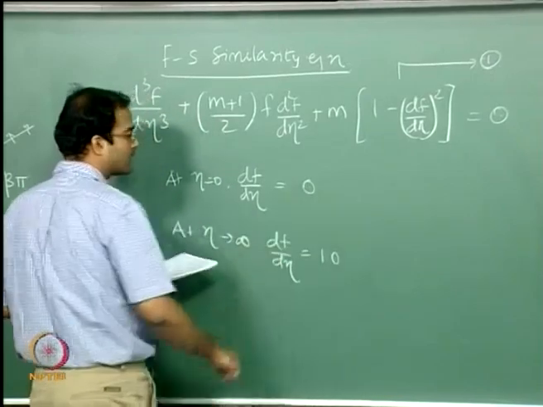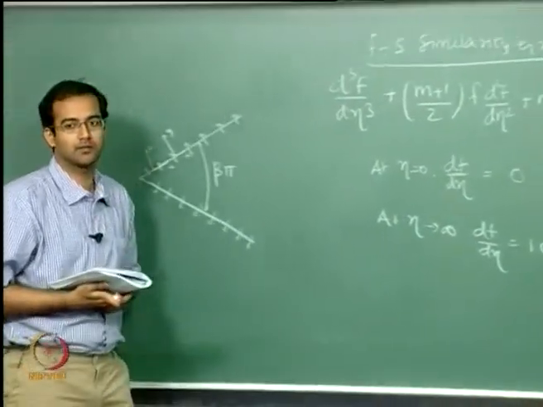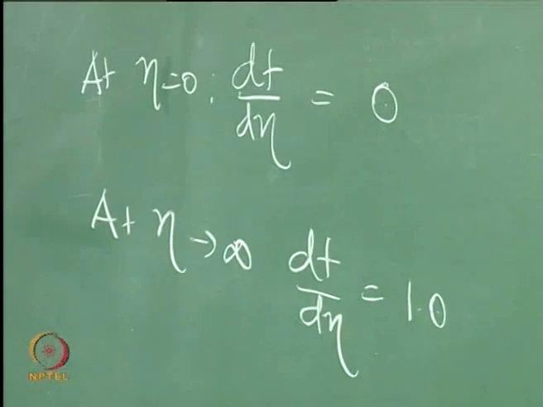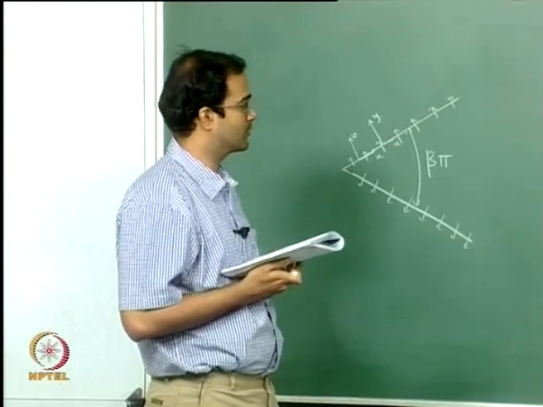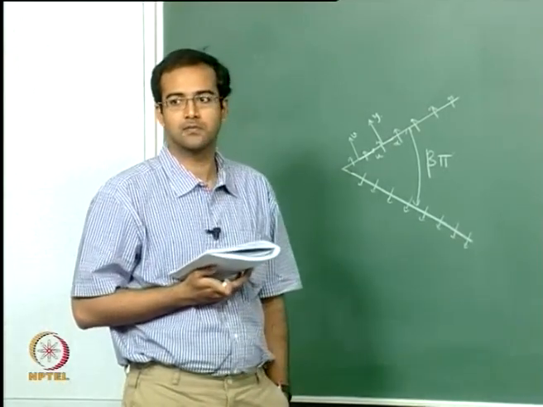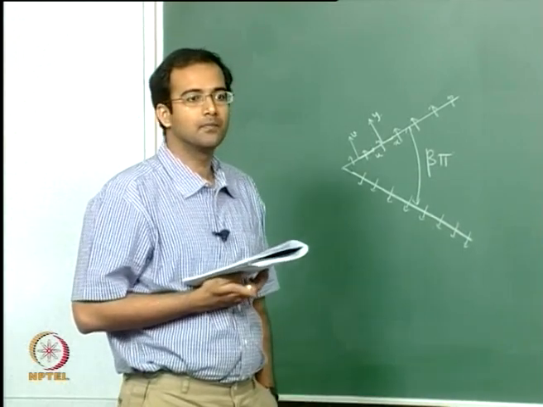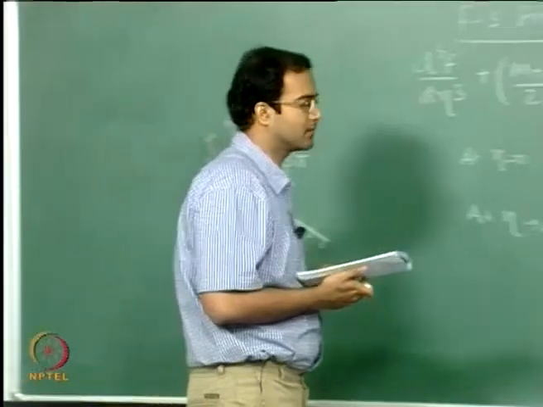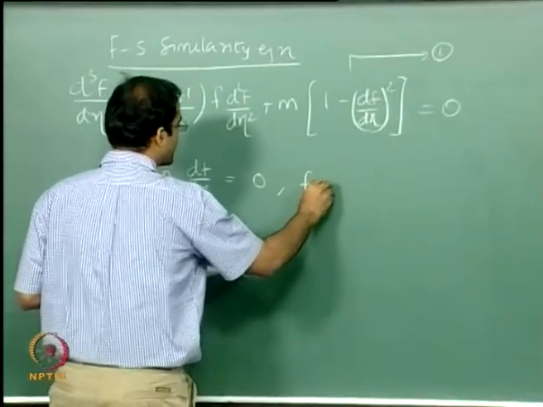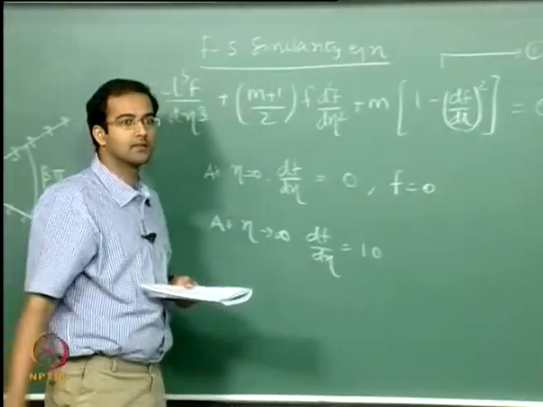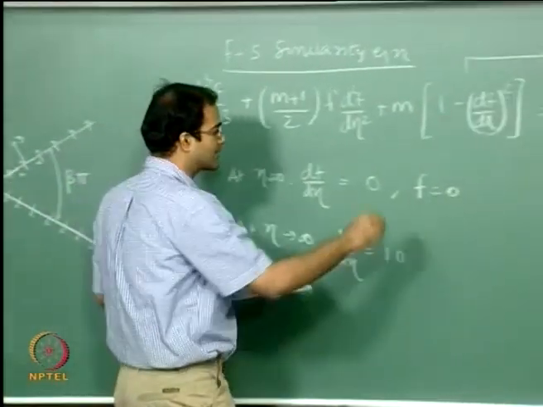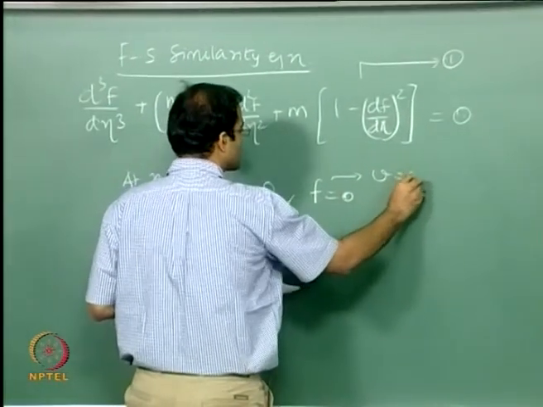And apart from this, what was the other boundary condition that we gave in the Falkner-Skan case? I am just talking only about the flow right now. f equal to 0. What did that indicate? v equal to 0. This corresponded to the boundary condition v equal to 0.